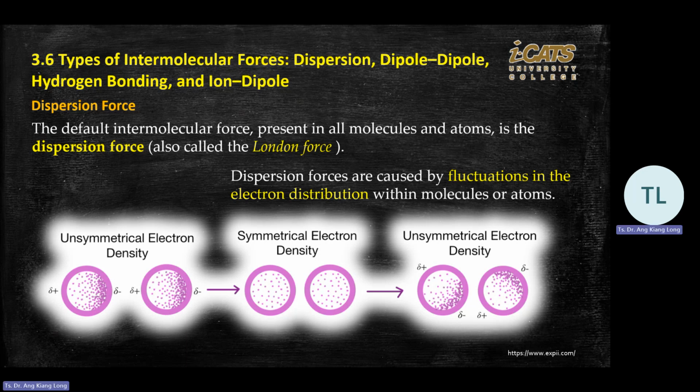Okay, so if you have a molecule, I write something on the whiteboard. If you have delta positive and delta negative, just remember you see this as a magnet effect. Negative will repel negative, positive will repel positive. So how are these forces generated?